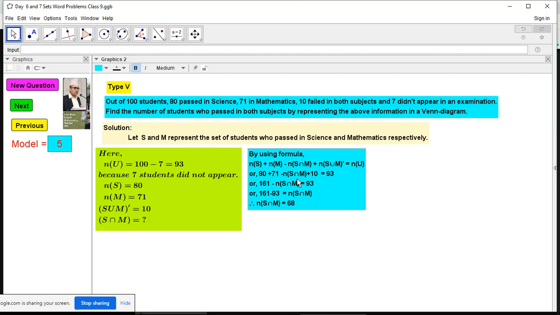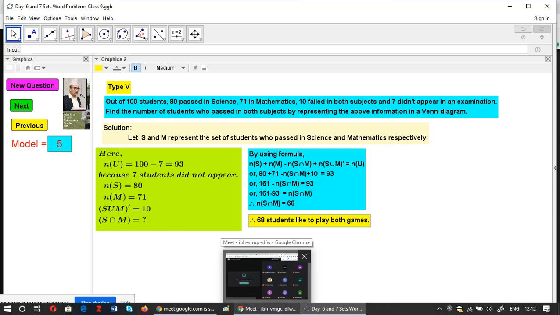This calculation is not tough, because many times we have repeated such problems. So 161 minus 93 is the intersection, that is 68. I believe you understand. 68 students like to play both the games.